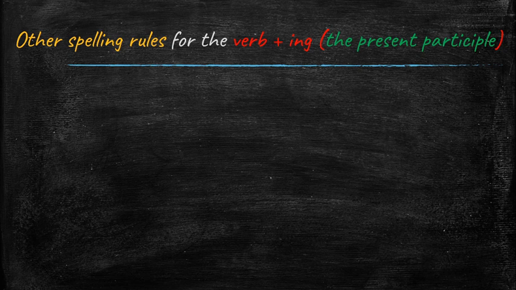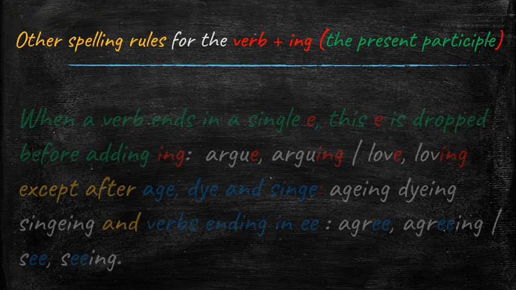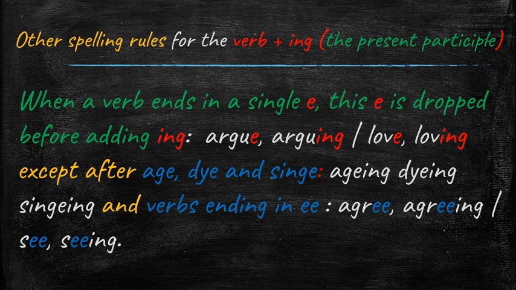Now let's take a look at some spelling rules for the verb plus ing, or as we refer to it, the present participle. When a verb ends in a single e, this e is dropped before adding ing. For example, argue, arguing, love, loving, except age, die, and sing. Example, we say aging, dying, and singing.